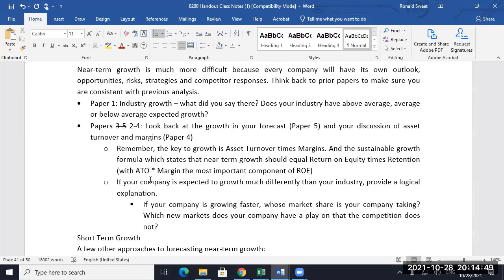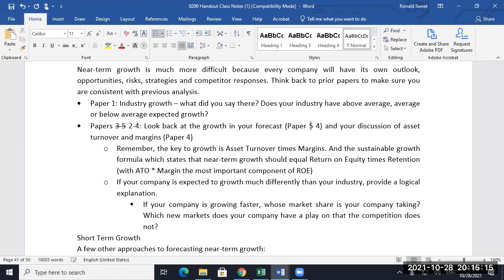If you're above average growth and you think the economy is going to grow at 6%, then you know you're above 6%. If below average growth, then you know you're below that. So paper 1 sets that up. You can't finish paper 1 saying, wow, this industry has a lot of opportunities, looks really strong, and then come to this paper and say, I think the growth is going to be 2%. It just doesn't make sense. You've got to be consistent with those papers.